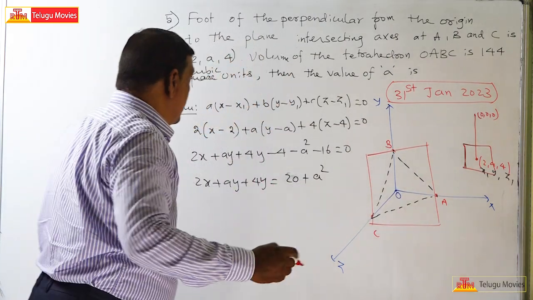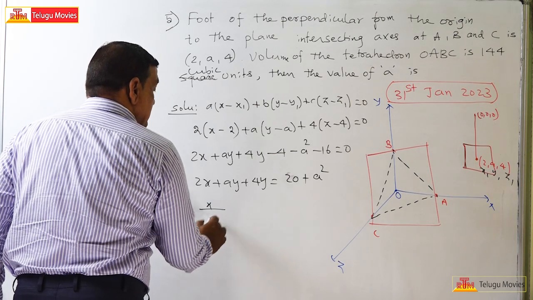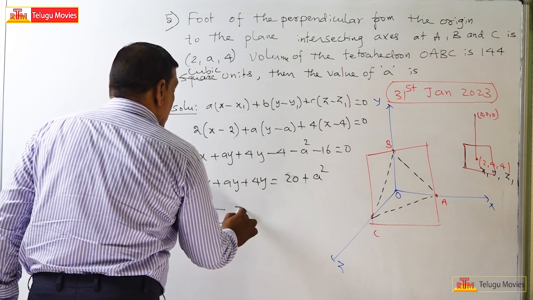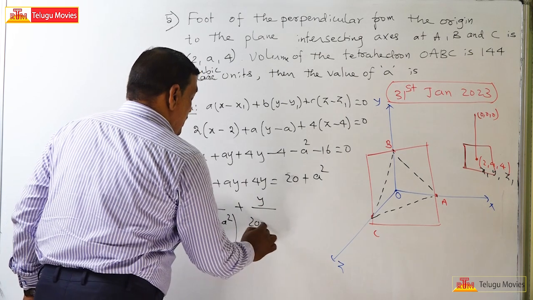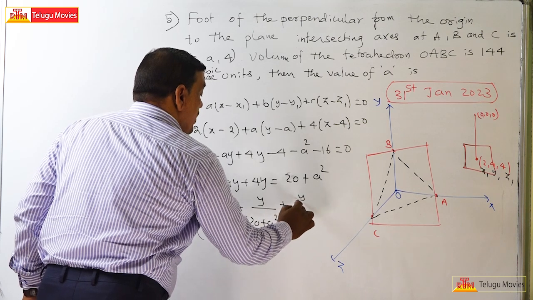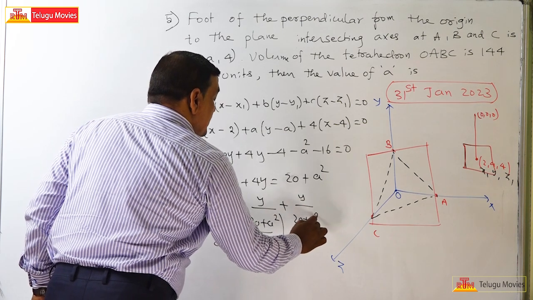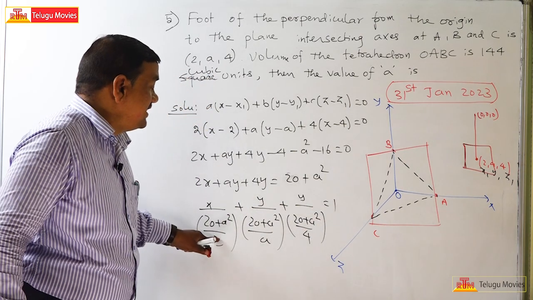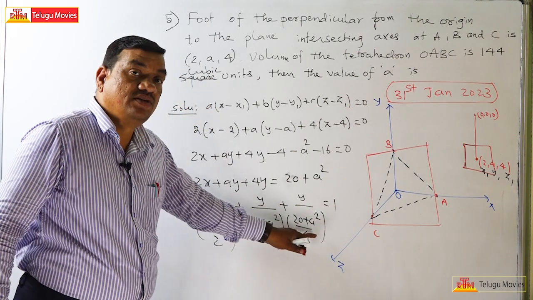So x by (20 plus a square)/2 plus y by (20 plus a square)/a plus z by (20 plus a square)/4 equals 1. These are the x-intercept, y-intercept and z-intercept.